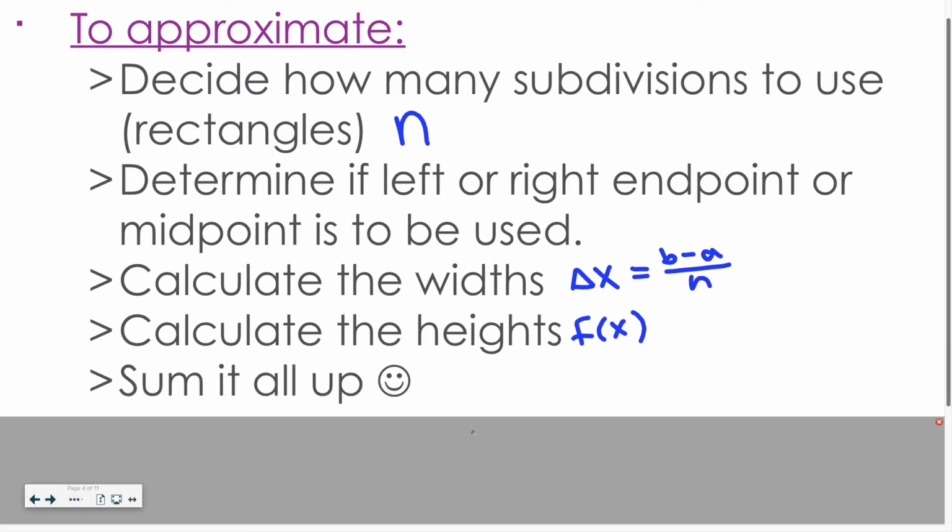And then you get to add base times height, plus base times height, plus base times height, plus base times height. And that's it. Now, depending on if we have left, right, versus middle, to make our rectangle's width, that's going to affect each of these heights.